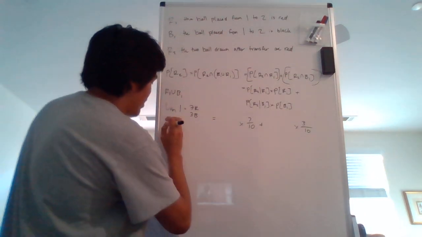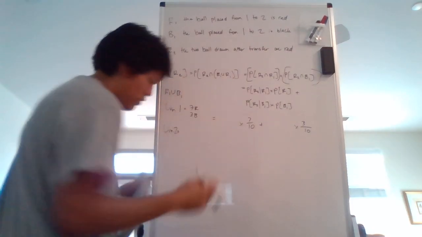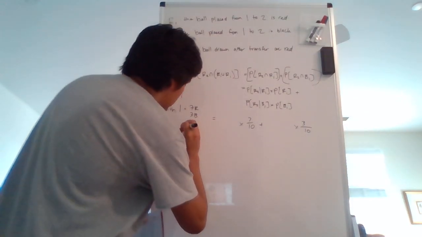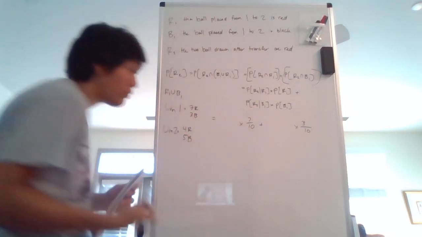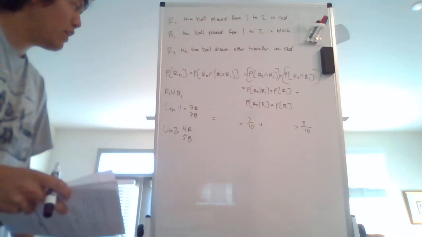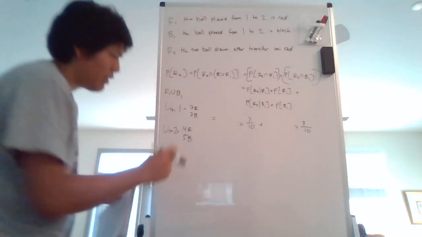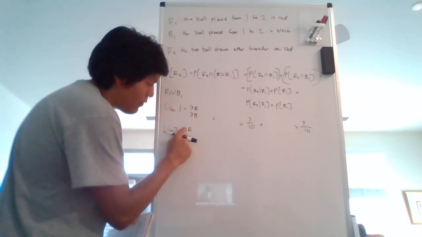So let me write down urn 2 over here as well. Urn 2 has 4 red and 5 black. If we place a red ball from 1 to 2, that means instead of 4 red balls in urn 2, we now have 5.